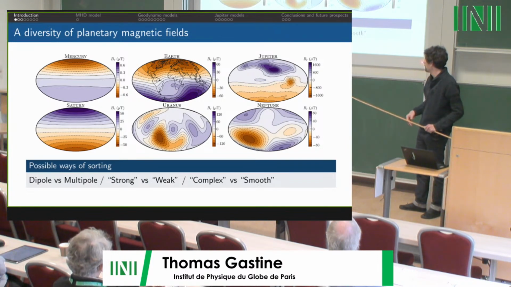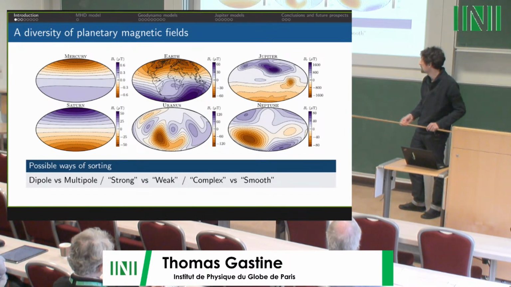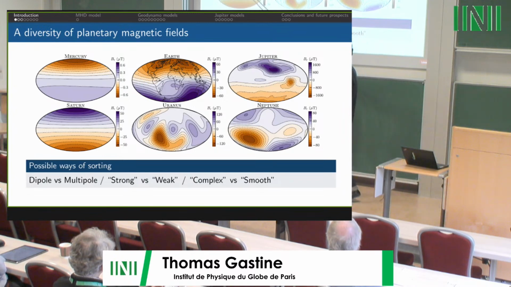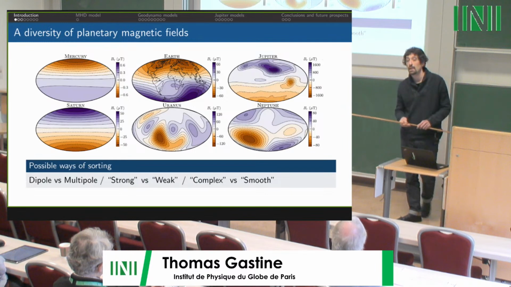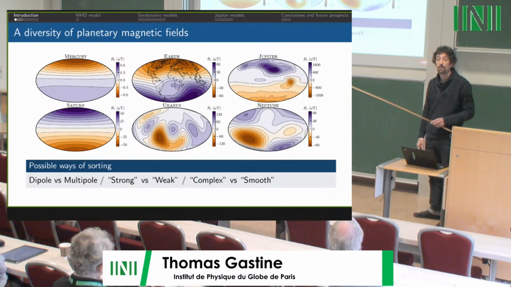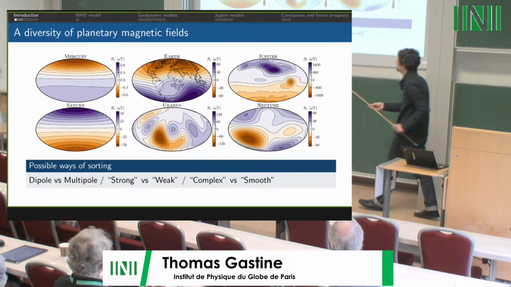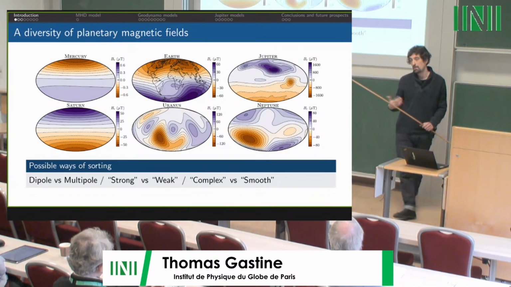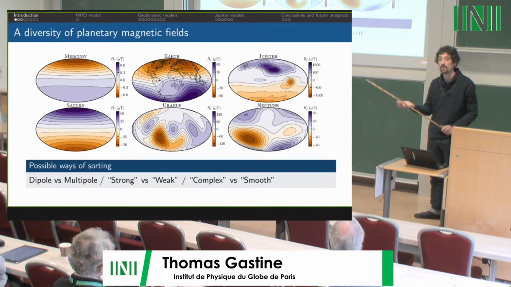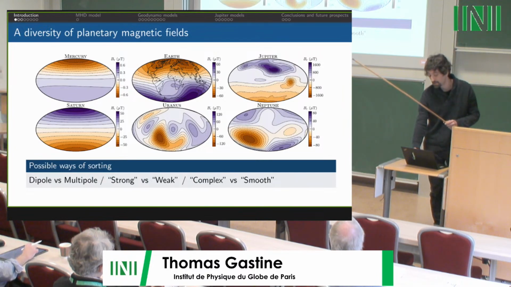Or it could come from internal processes that smooth out the complex feature of the field, and this is particularly the case of Saturn, where the Cassini orbiter provided enough data to build a sufficiently accurate model up to at least a spherical harmonic degree of 10. And despite this spatial resolution, the magnetic field we obtain is fairly simple, almost perfectly axisymmetric. Again, this might point toward physical effects that are responsible of smoothing out the field inside and removing most of the non-axisymmetric features.